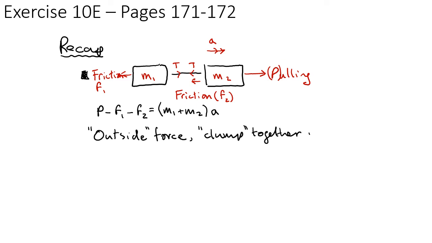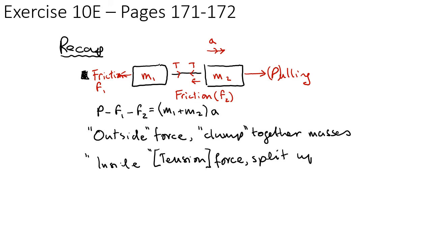That's not a technical term. But if we want to find the inside force, so in this case it would be the tension, then we need to split them up. Split up masses.